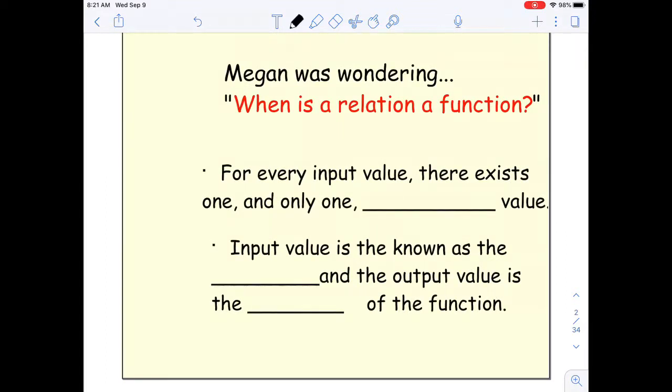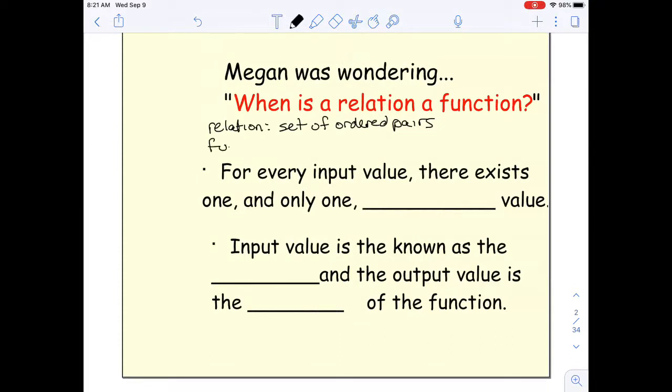Next, we have to look at and define what a relation is. A relation is a set of ordered pairs, and a function is a relation in which for every input value there exists one and only one output value.